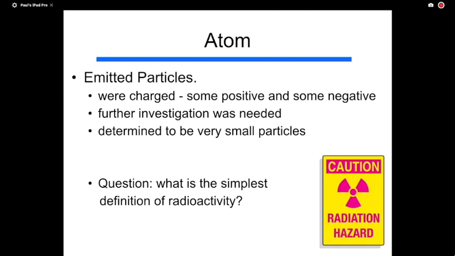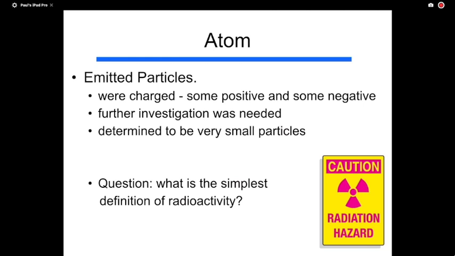What we did discover was several of the particles that were emitted or that fell off were actually charged, meaning that it was either positive or it was negative. Now that really confused us for a while because we knew atoms were neutral, but negative stuff was falling out and positive stuff was falling out.